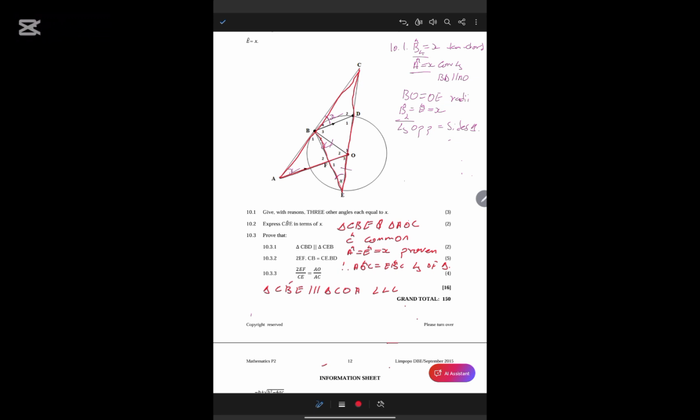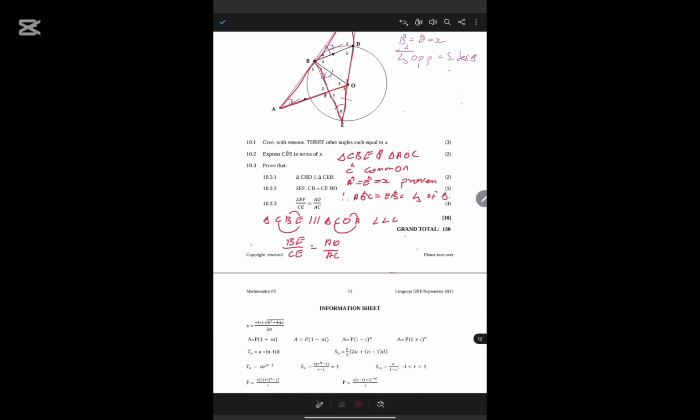So I see BE here and CE there. So this will be AO over CA. So this is BE over CE is equal to AO over AC. But from the previous question, we know that BE was replaced by 2EF. So this is equal to 2EF over CE is equal to AO over AC.